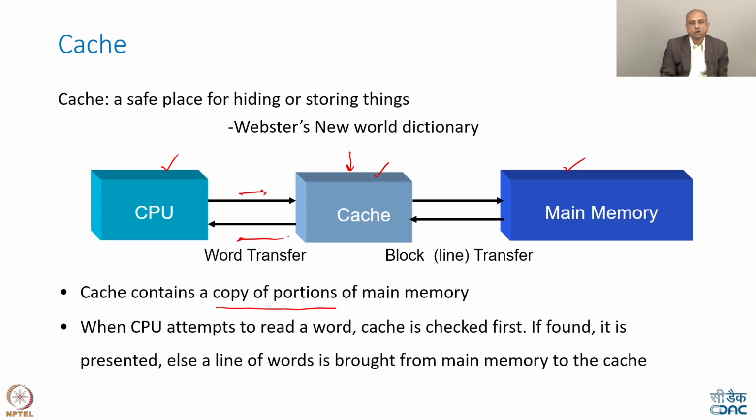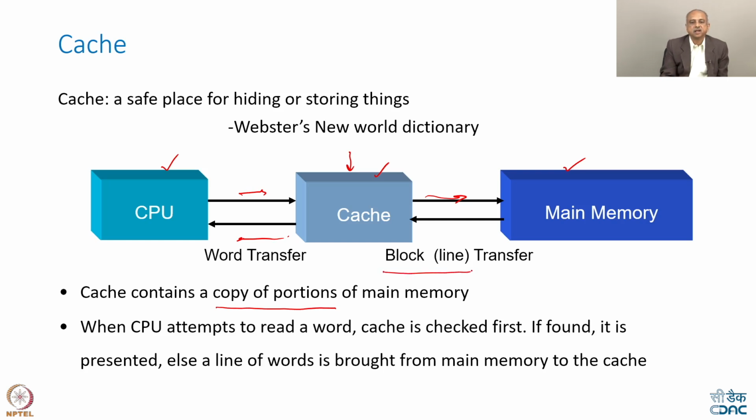However, this may not always be true because cache has only certain portions of the main memory. In case there is no hit, that means the data is not found in the cache, then the cache controller will further send the address to the main memory. Main memory will respond with a block of data.